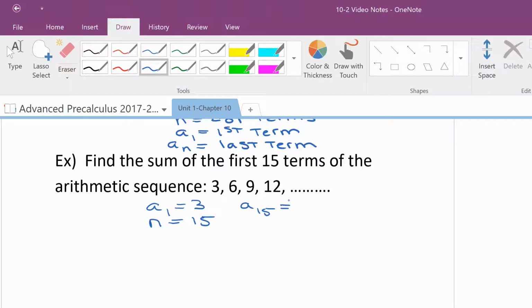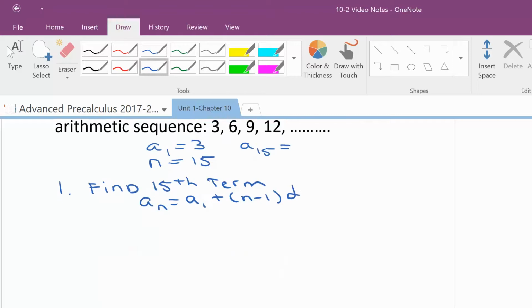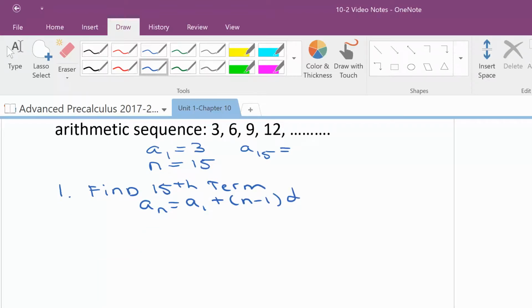We could keep adding 3 until we get to the 15th term, but remember we have a formula to find any term of the arithmetic sequence.